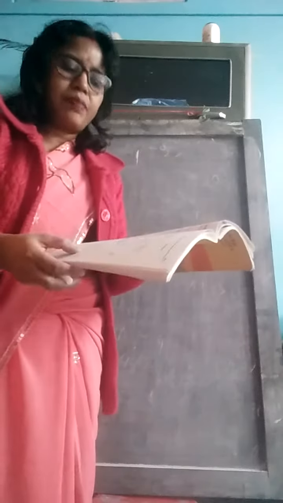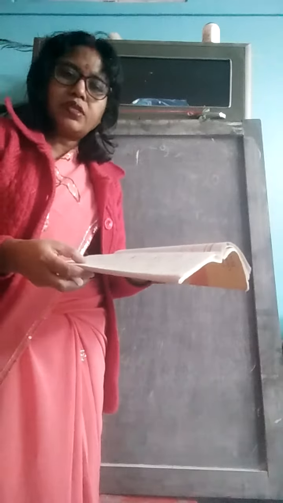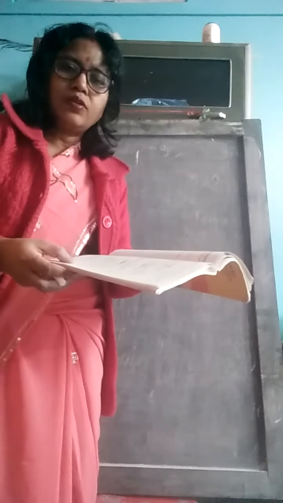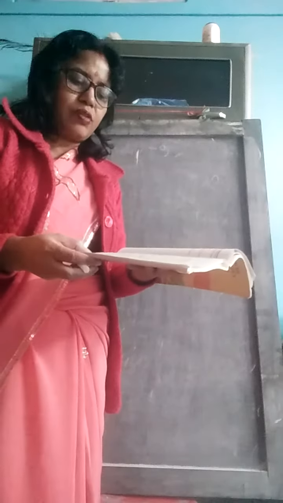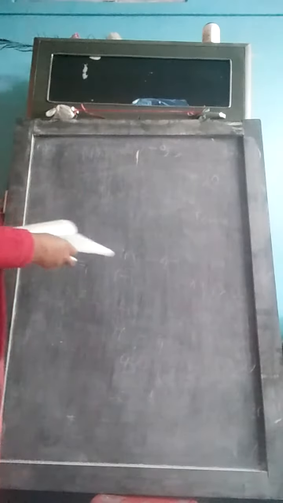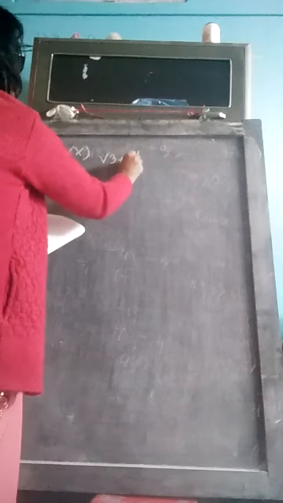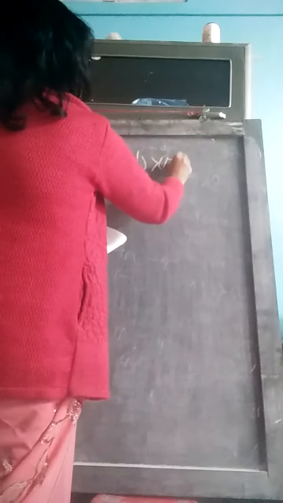If you don't know, there is nothing to think, because the value of 3 is always less than the value of 7. So the square root of 3 is always smaller than the root of 7. Again, square root of 2 is always less than the square root of 5.